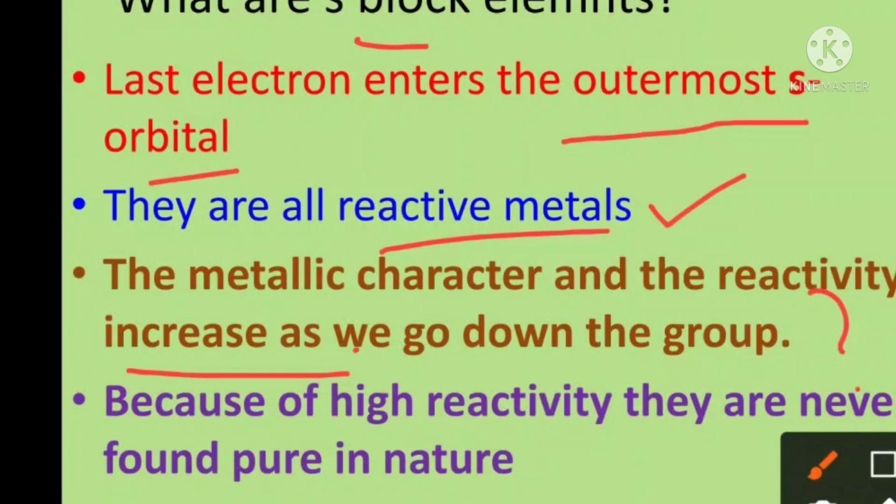When atomic size increases, automatically the distance between the nucleus and the outermost orbital increases. So the outermost electron becomes loosely bound and it will undergo chemical reaction. That means they are all highly reactive.